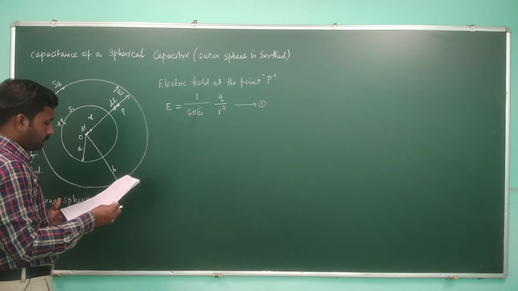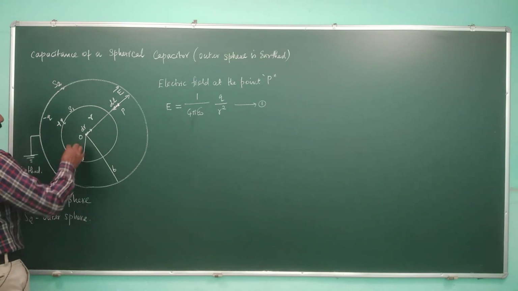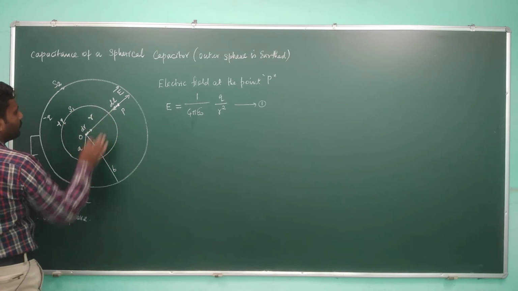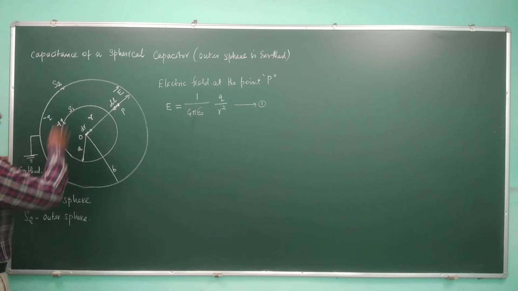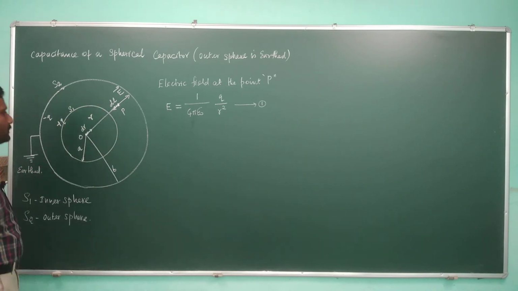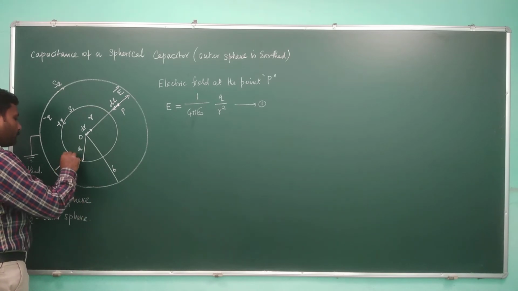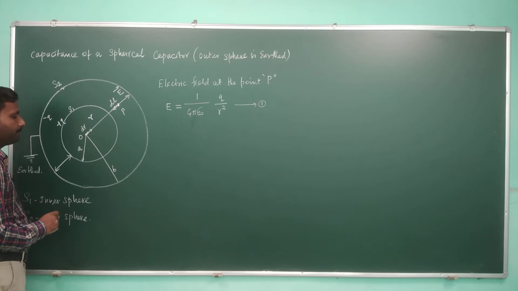Now you can write, inside the charged sphere the charge is uniformly distributed, so that inside the potential is 0, so that field is 0, whereas there will be a potential difference between this sphere and this sphere, right?